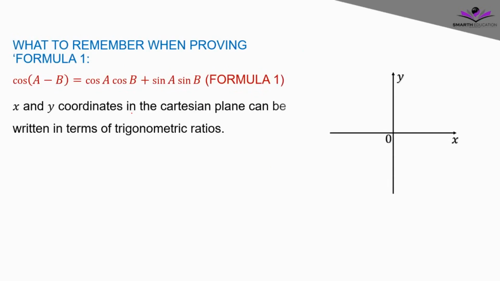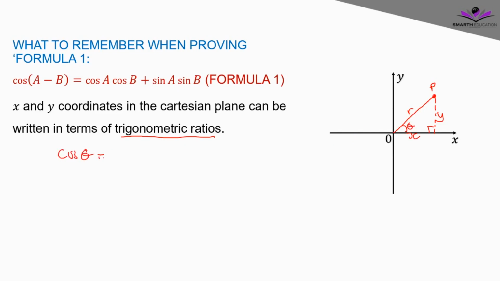X and Y coordinates in the Cartesian plane can be written in terms of trigonometric ratios. Let's check this. Let's say we have our terminal ray here; let's call the point P. Remember from trigonometry, this is X, this is Y, then this is R. Let's say this is angle theta.